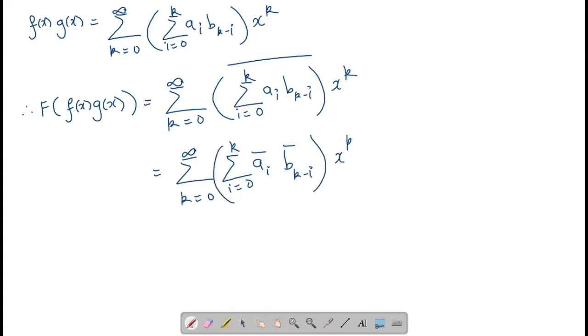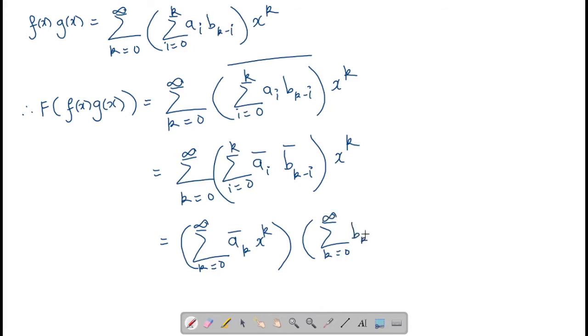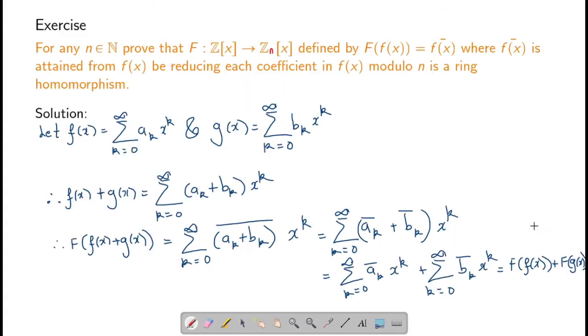This here is the product of the two polynomials, summation k going from 0 to infinity a_k bar x^k and summation k going from 0 to infinity b_k bar x^k, which is f bar(x) times g bar(x). Therefore, we proved that f is a homomorphism.